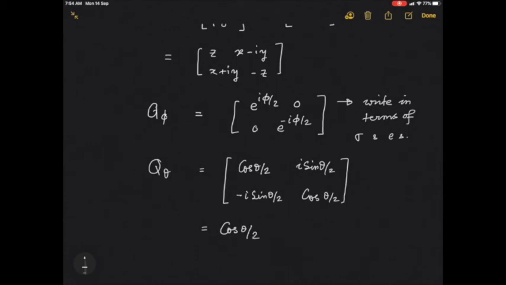If I take cos theta by 2 outside, then I can write it this way, plus. This is plus, this is not minus.